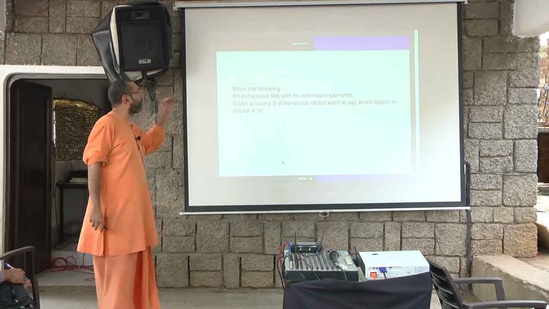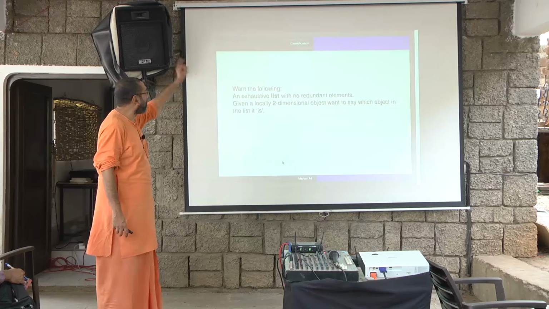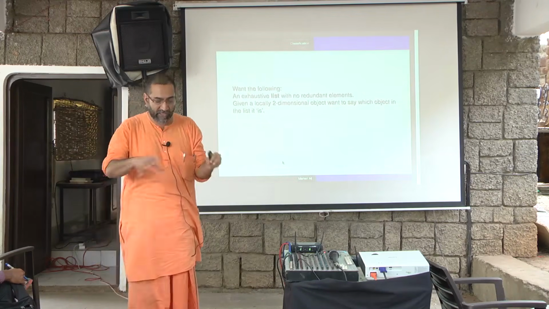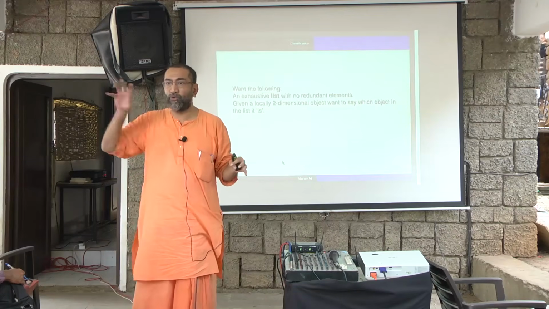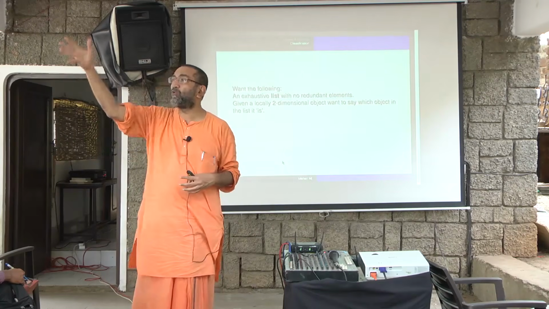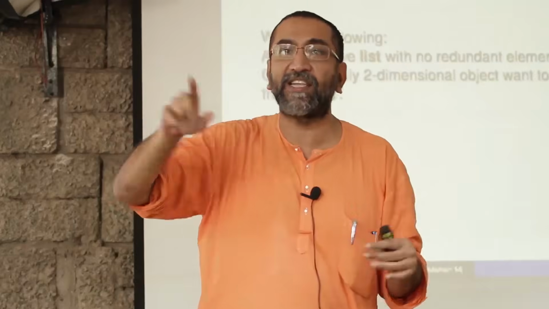Given a locally two-dimensional object, we want to say which object in the list it is. So for instance, you have folders 1, 2, 3, and you are given a new two-dimensional object, you will know very precisely which of the folders 1, 2 or 3 you put it in.